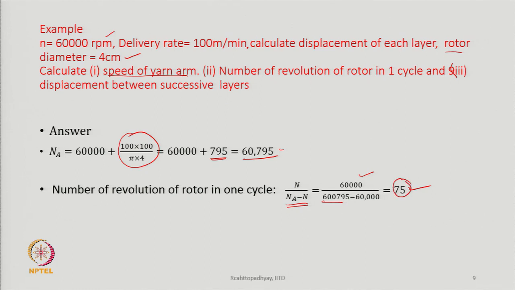When the original fibre ring is removed, the yarn is thicker, so that part of the yarn is not really very uniform. But in 75 revolutions of the rotor, how much yarn are you taking up? We can also calculate the length of that yarn, which is very little, and therefore insignificant for all practical purposes.